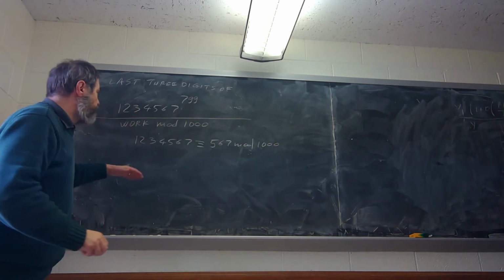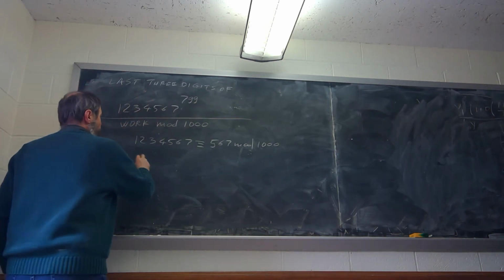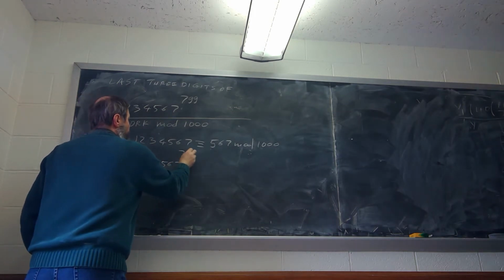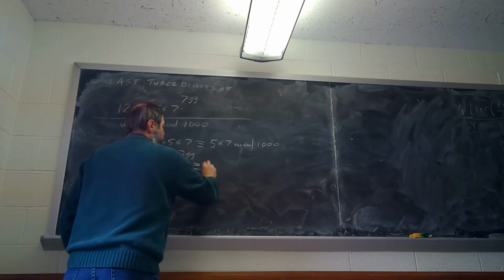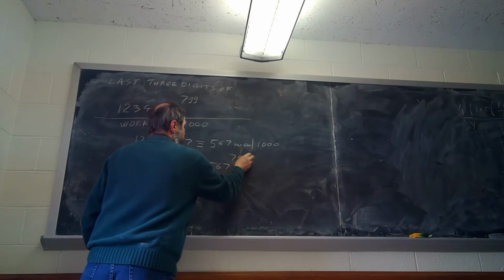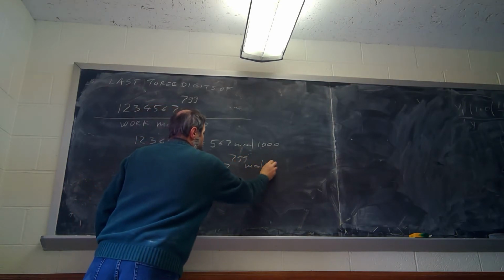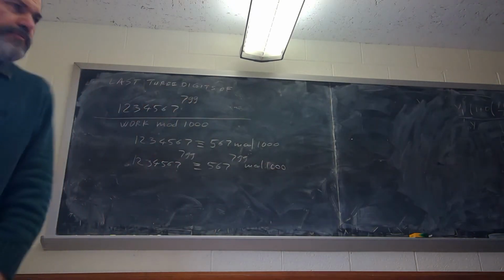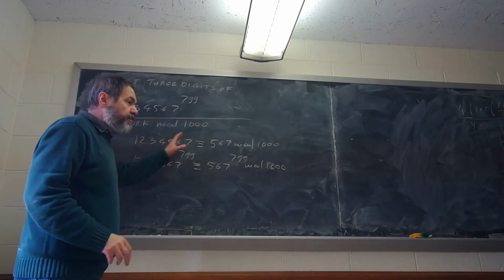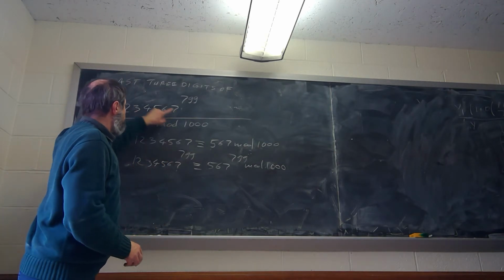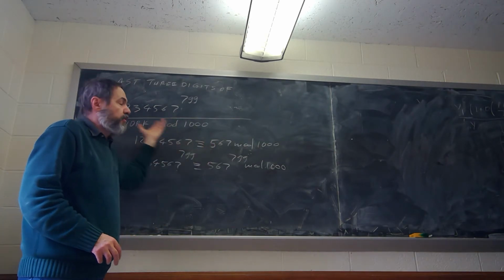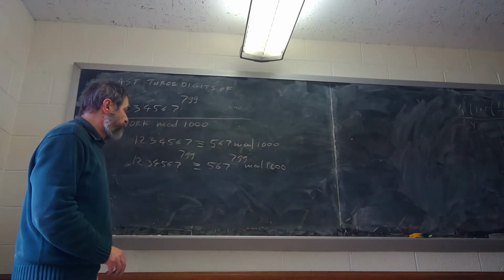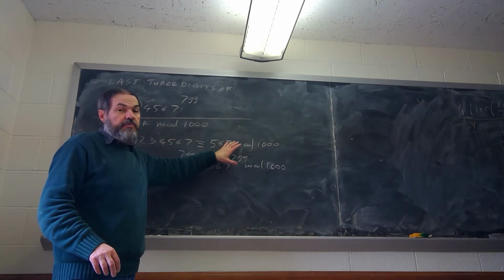You raise both sides to this power, and I get that the given number to the 799 is congruent to 567 to the 799 mod 1000. Regardless of what the problem is, we can always replace this number by a number less than 1,000 by using these constants. We can still have a large number in the exponent.